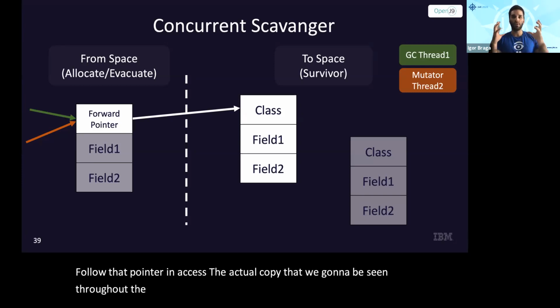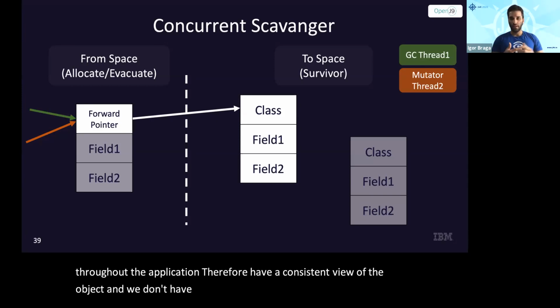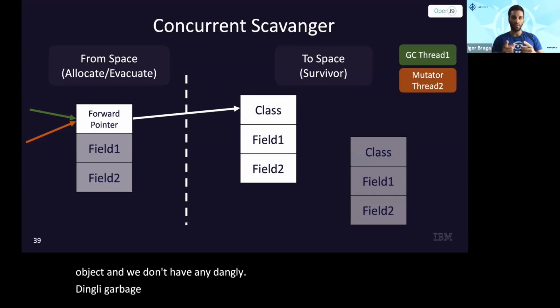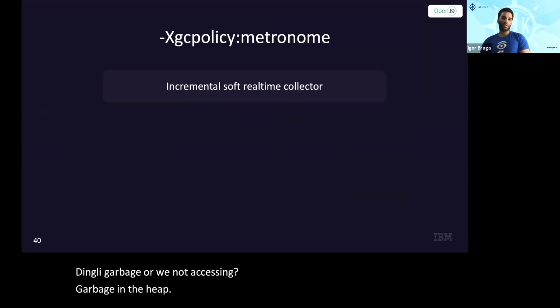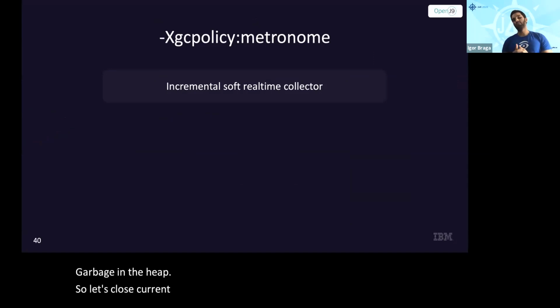Therefore, we have a consistent view of the object and we don't have any dangling pointers, or we're not accessing garbage in the heap. So that's concurrent scavenger. Now, Metronome.